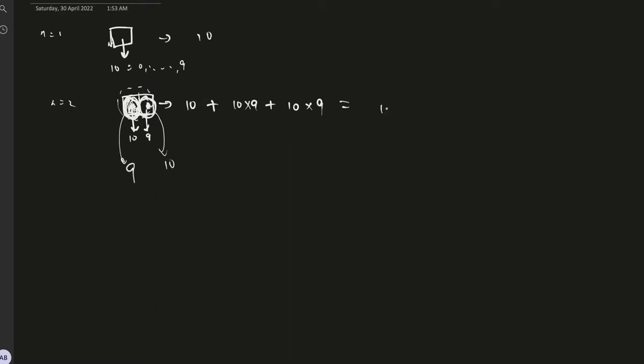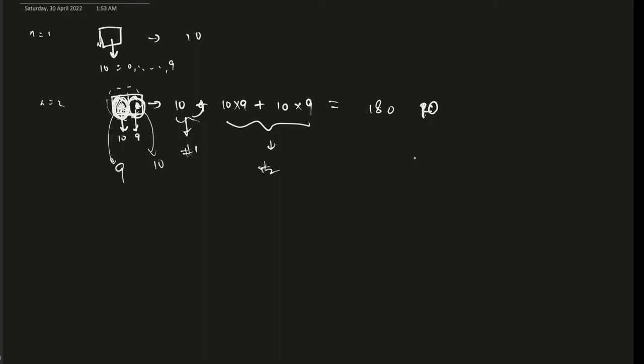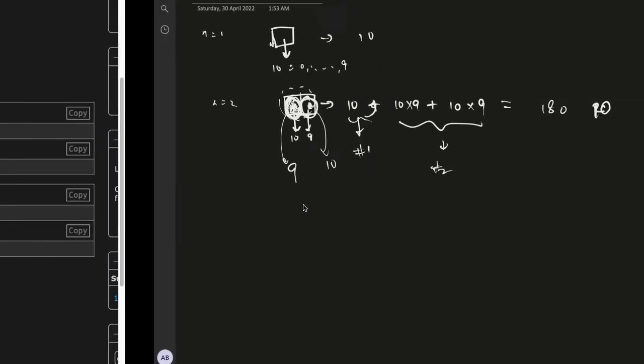So the answer for this case would be this for the number of blocks of size 1, and this is the number of blocks of size 2. The way we report it is 180 comma 10. This is what is given in the input as well.